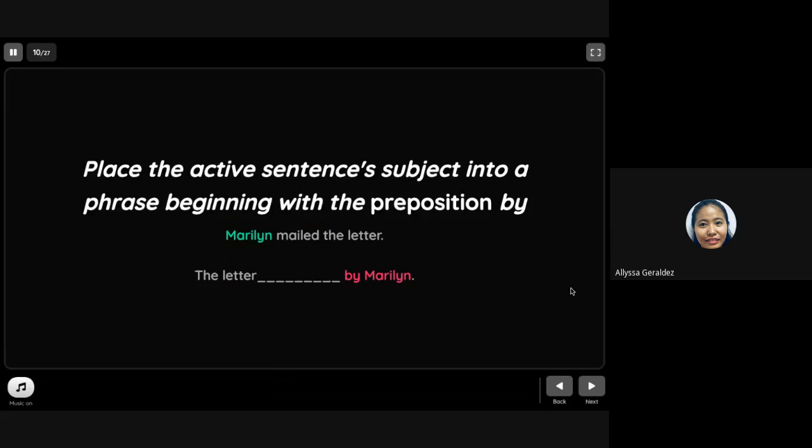Place the active sentence subject into a phrase beginning with the preposition by. Marilyn mailed the letter. We're done with the object. We moved it towards the subject slot. That's why the letter blank.